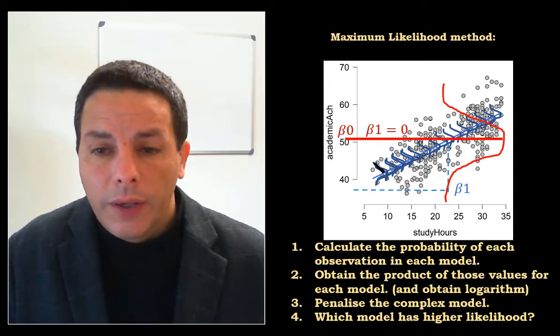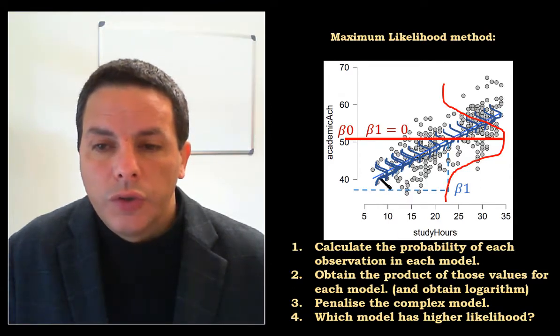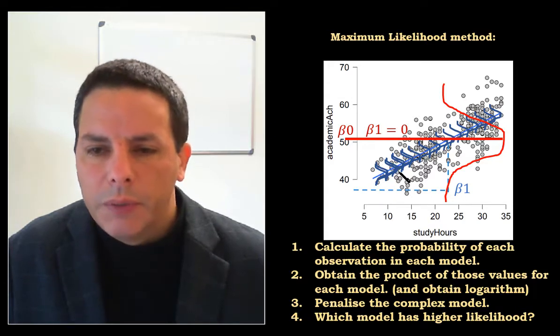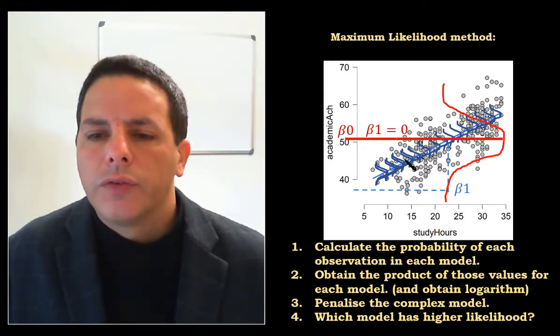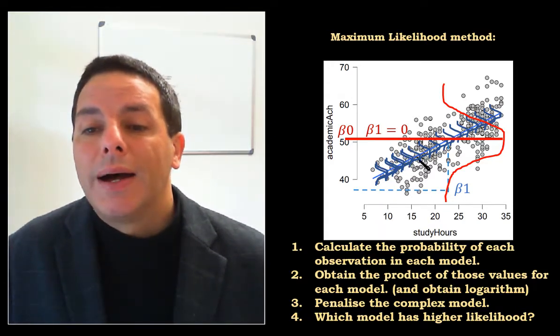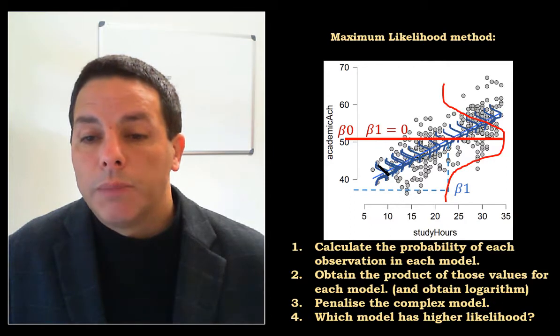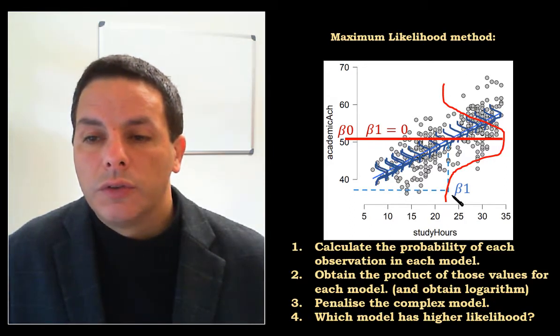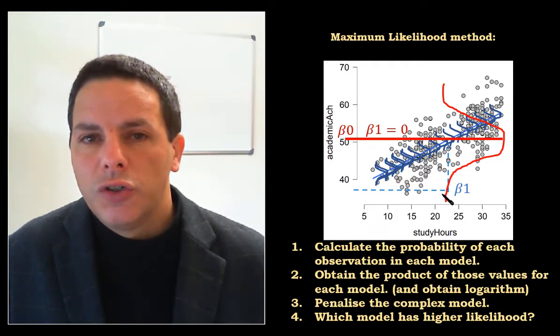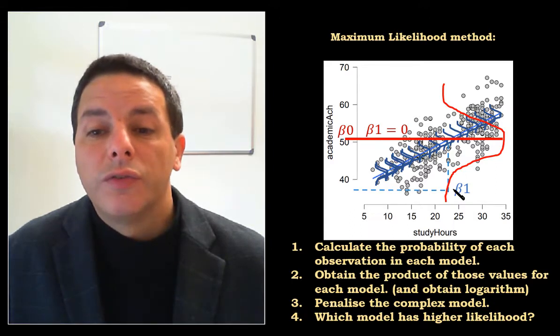Okay, so you can see that these normal distributions should be a bit bigger. My drawing is not very good, but you can see that each normal distribution is closer to the dots. So you don't have to go very far away from the distribution to capture the dots, whereas in the single normal distribution, to capture the extremes, you are in the extreme of the distribution, so the probabilities are very, very low.